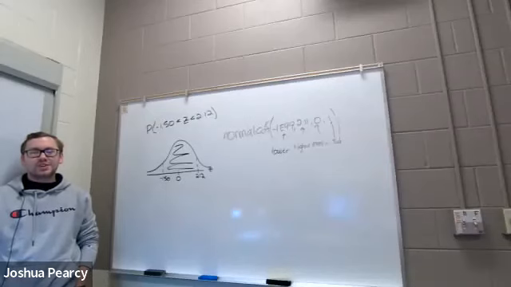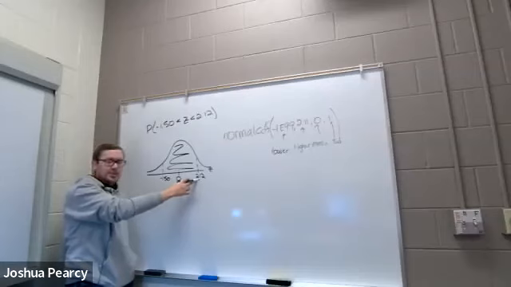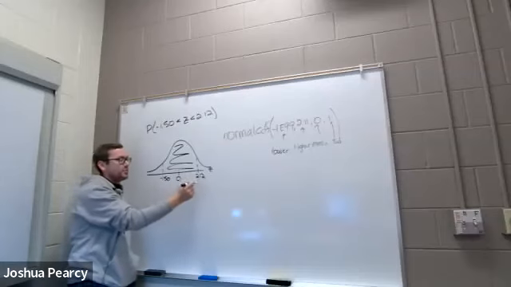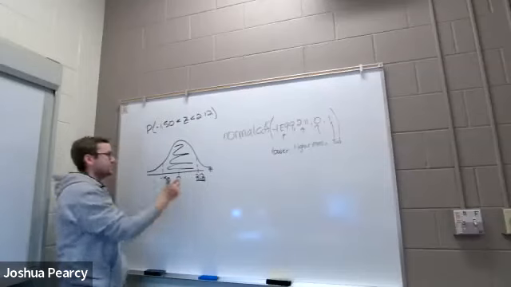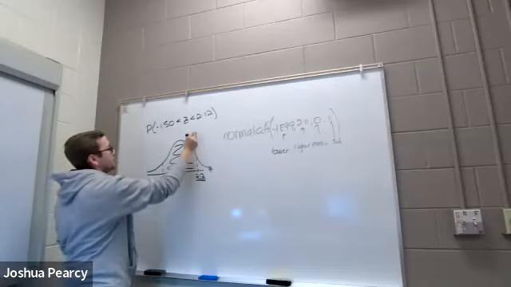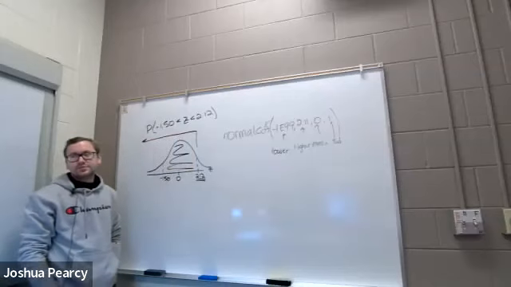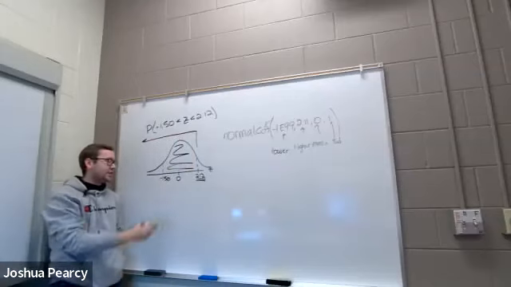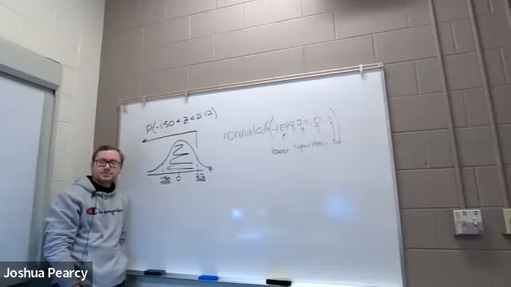The table will only tell you the area to the left. So therefore, I can look at the probability of it being less than or equal to the upper boundary of 2.12. And that'll give me all the area from here all the way until the end. But I only want the area up to negative 1.5. How do I get it?